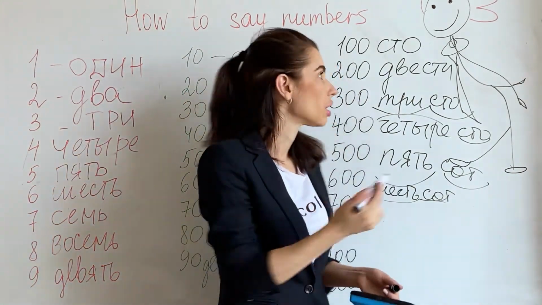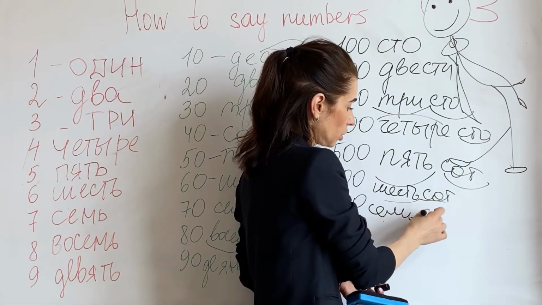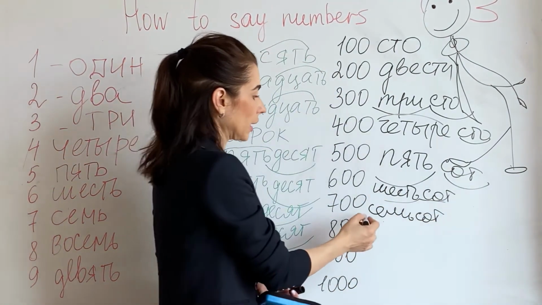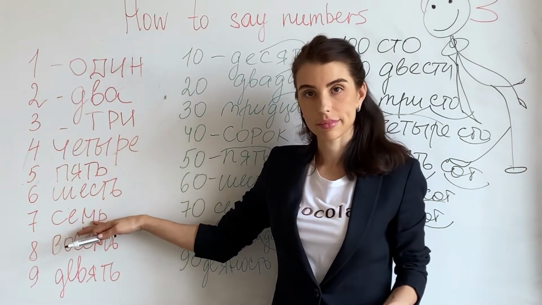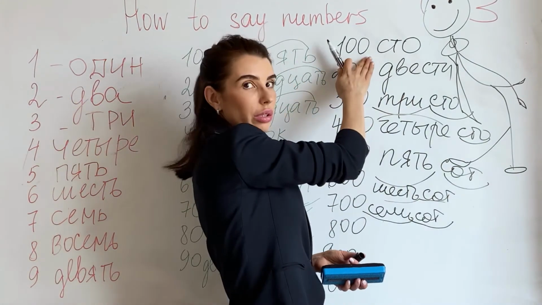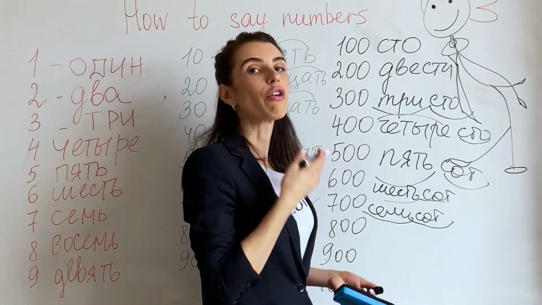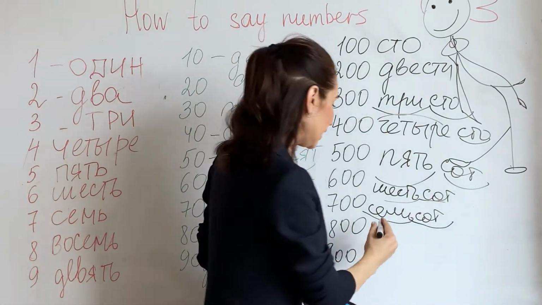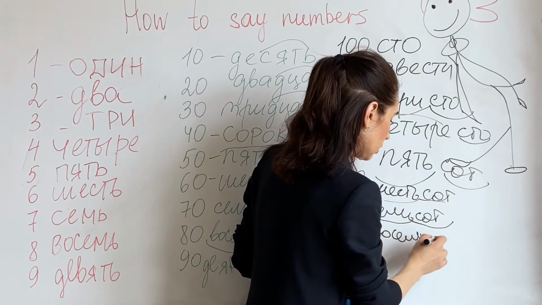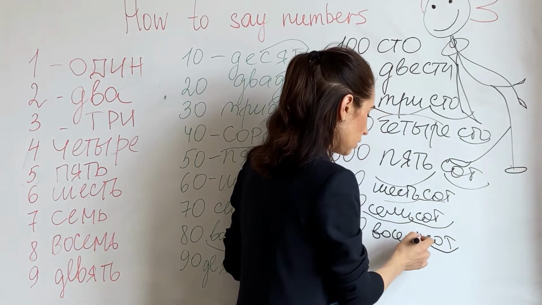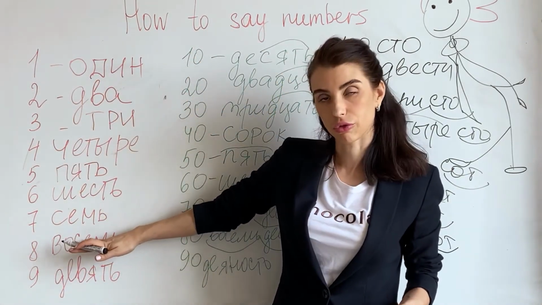Also 600. 700. Again 700. Again 800. Also easy. 800.